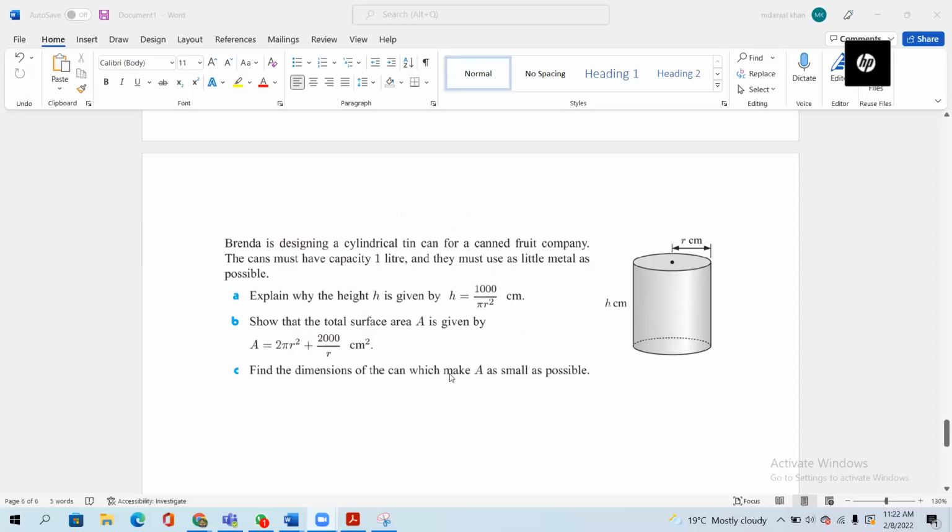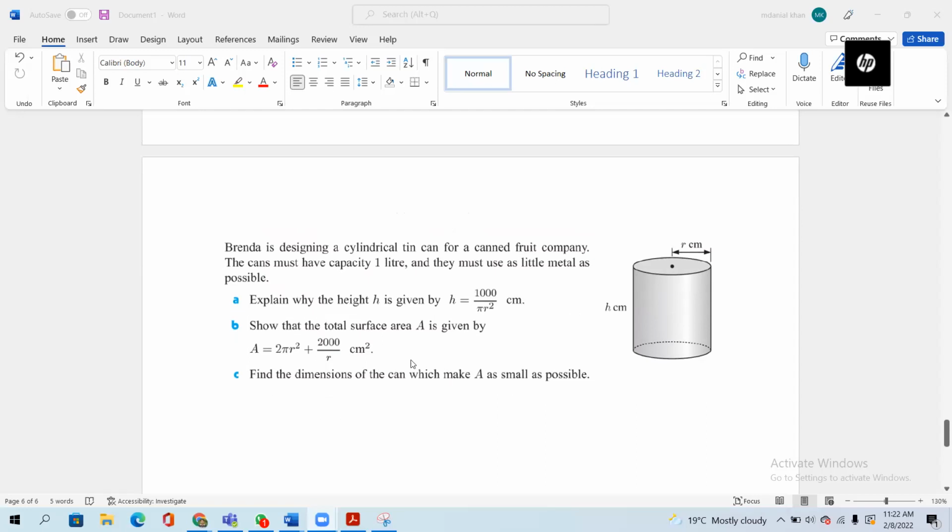Okay, students, so now I'm going to solve another question, that is this one. Brenda is designing a cylindrical tin can for a canned food company. The can must have a capacity of 1 liter, which again means that I'm utilizing 1 liter is equal to 1000 centimeter cube. And they must use as little metal as possible. So explain why the height h is given by h is equal to 1000 divided by pi r squared centimeter.